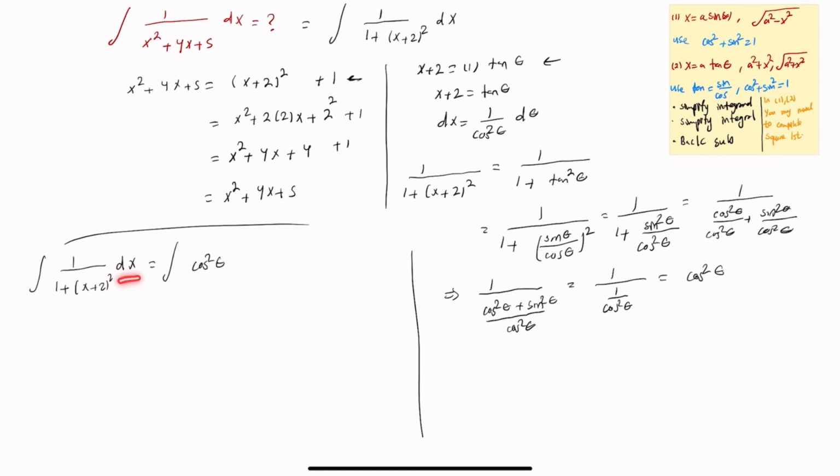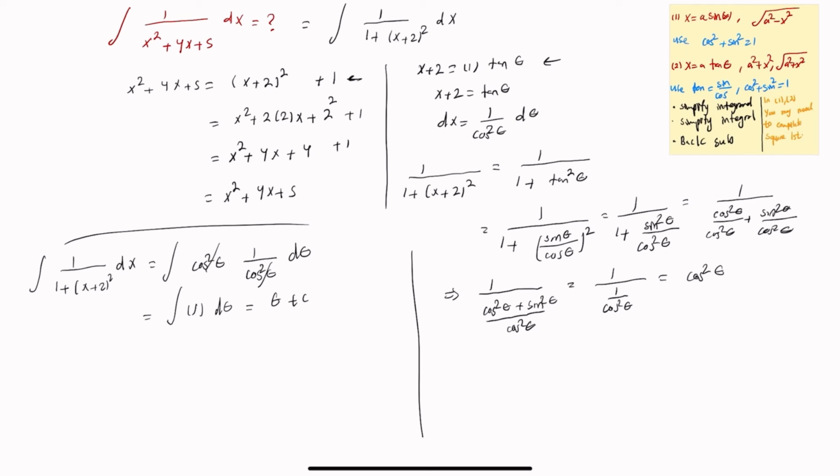And then dx is just going to be equal to 1 over cosine squared of theta d theta. Now we can simplify this. So this term will go with this term. So we have the integral of 1 d theta. Now the antiderivative of that is going to be equal to theta plus c.